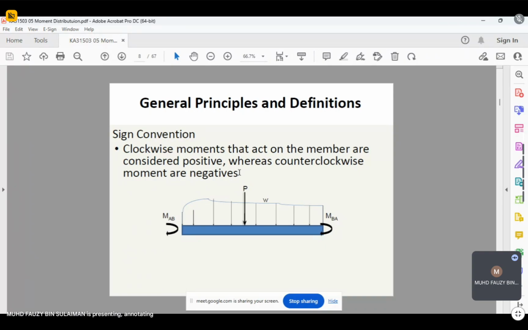In this slide, the clockwise moments are considered positive, which means the moment that rotates clockwise is positive. The one that counters it is considered negative. So in your final, read the question carefully, either anti-clockwise is positive or clockwise is positive.